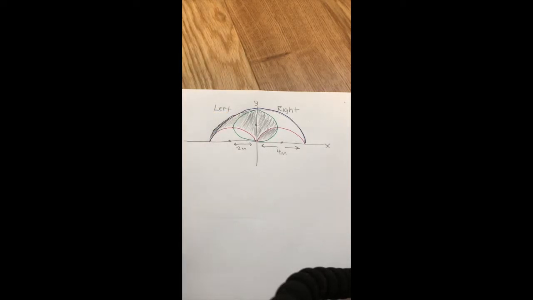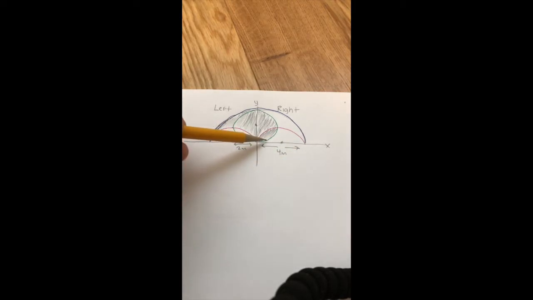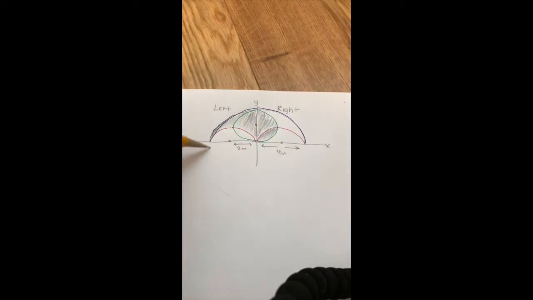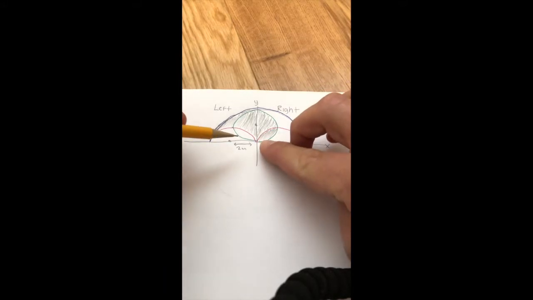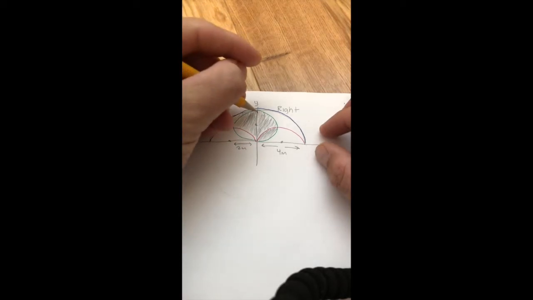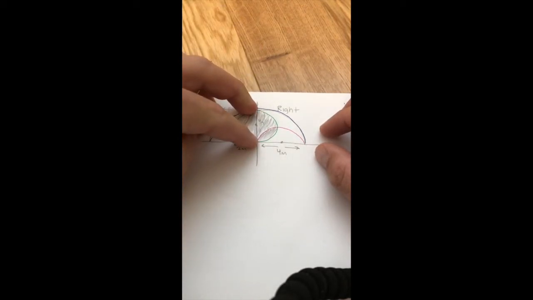First thing I want to point out is if this right here is 4 meters, and if you were to continue this, it would be a big circle, right? This is 4 meters. This is the radius of the big blue circle. Then that means this right here is also 4 meters, the radius of the blue circle.